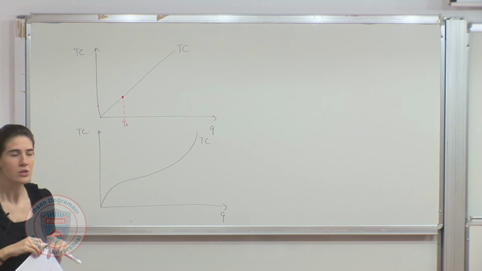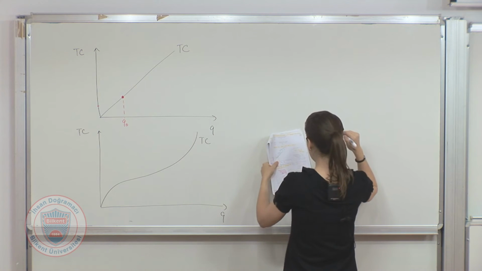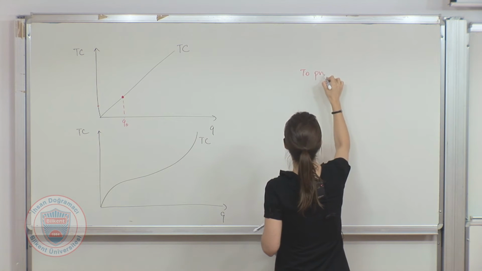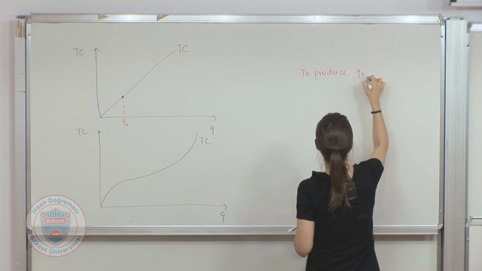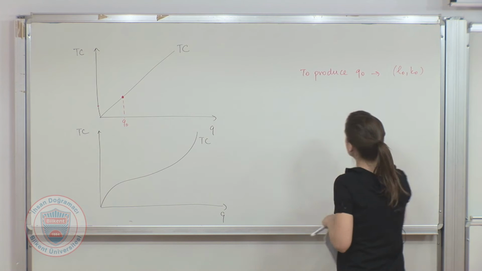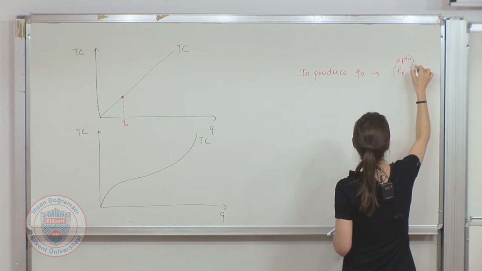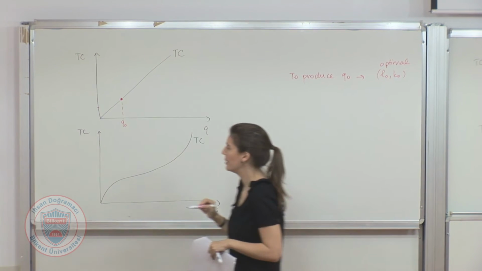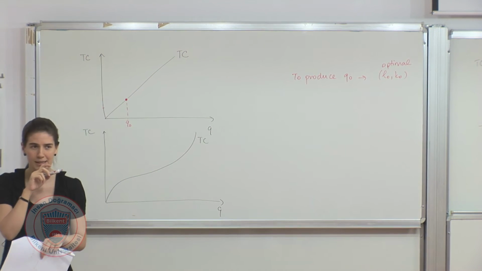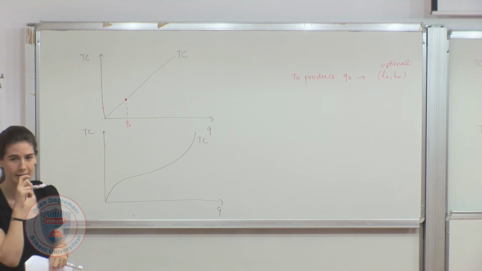Suppose, to produce Q0, the optimal amount of capital and labor is this. How shall I draw my short-run total cost curve?